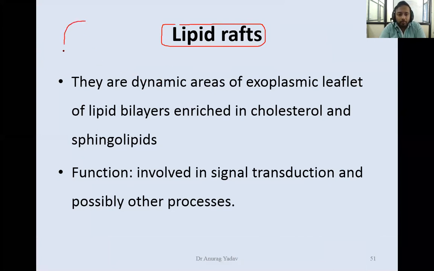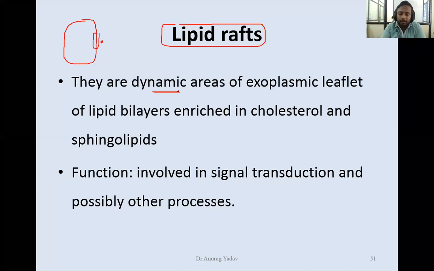On the cell wall, okay, if you see the cell wall, there is a particular area which is not fixed. Be clear in your mind that it is not fixed, but there is some area on the cell wall which is dynamic, means not static. It is not a particular place, but they are present, they are moving. As we all know, one of the characteristics of the cell membrane is continuous lateral movement.